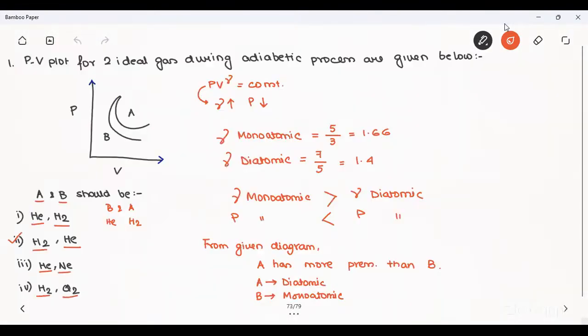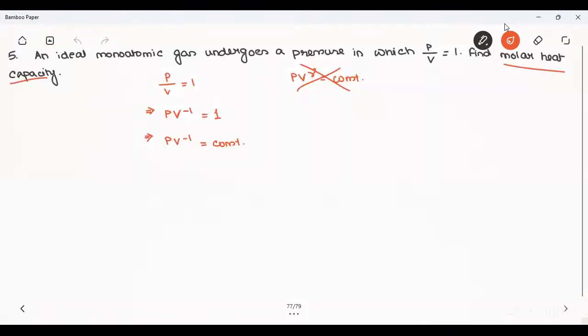Understood? This is where people make mistakes. Did you understand where you made the mistake? So here we will be using the formula P V to the power n is constant.